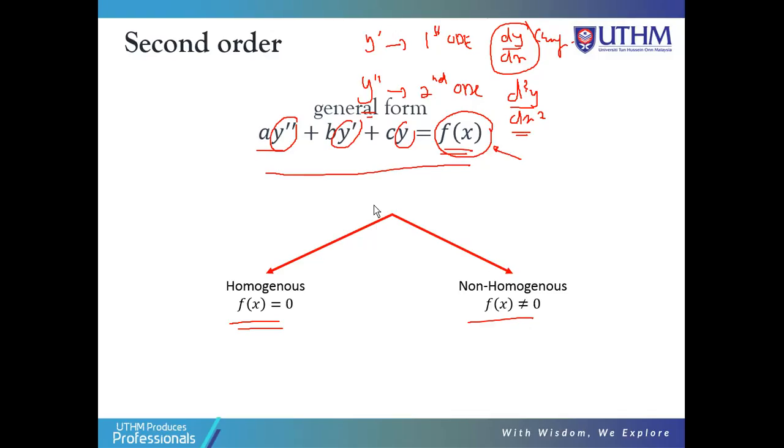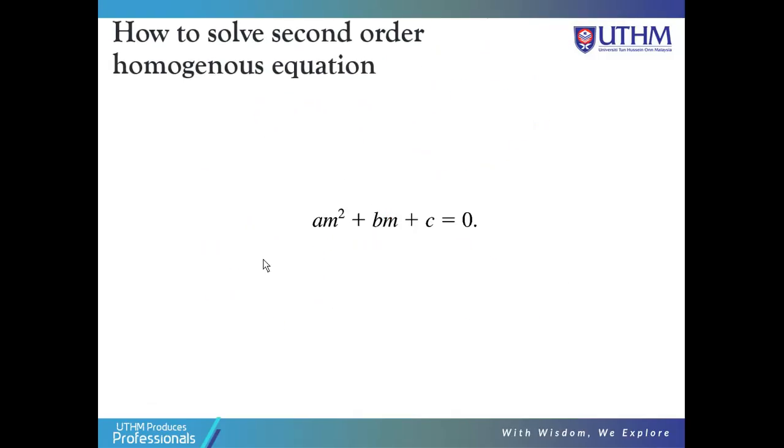Okay, so in this topic, chapter 2.1, we focus on the homogeneous equation of the second order ODE. So this is how we can solve the second order ODE. The basic framework of the ODE is still similar to the first order ODE, where from the ODE we can solve and get the general solution, and then by using the initial condition we can solve for the arbitrary constant values, and then we can obtain the particular solution.